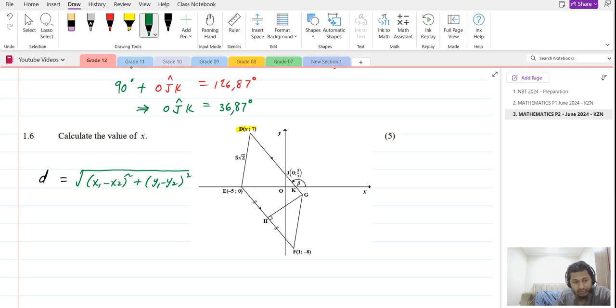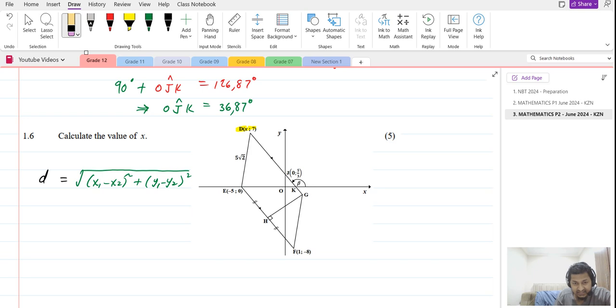Now remember, if I square both sides, what is d? D is the distance ED, right? Now if I square both sides, I can just write it down like this: x1 minus x2 squared plus y1 minus y2 squared. Let's just substitute everything inside.